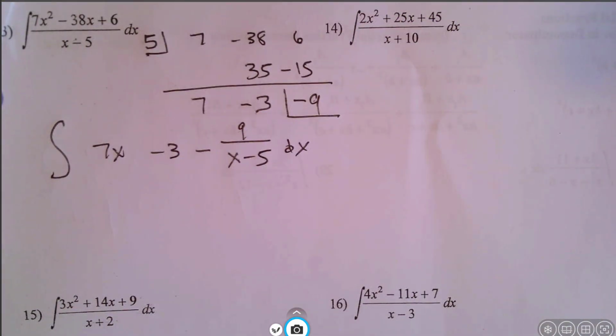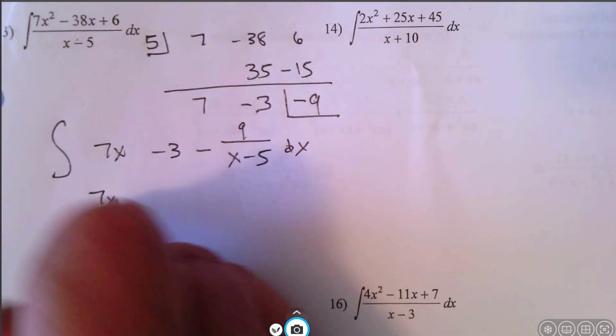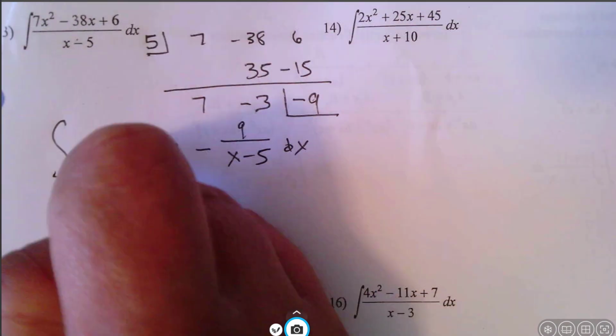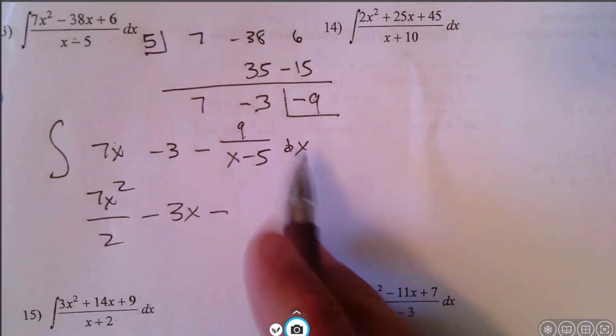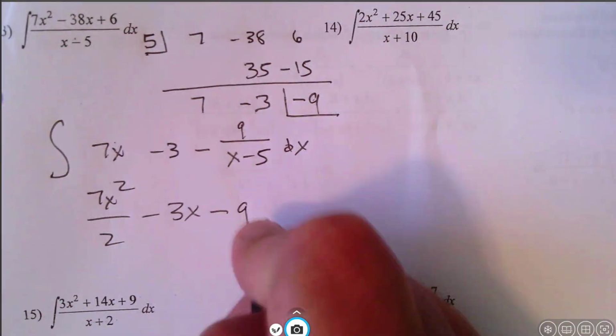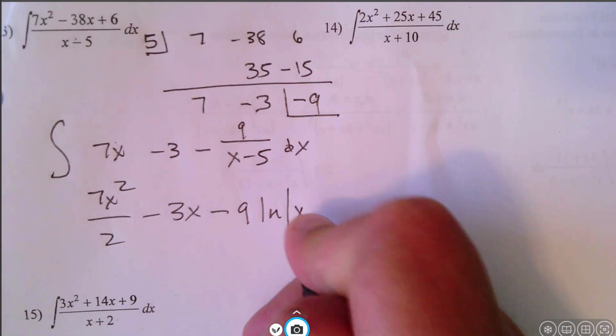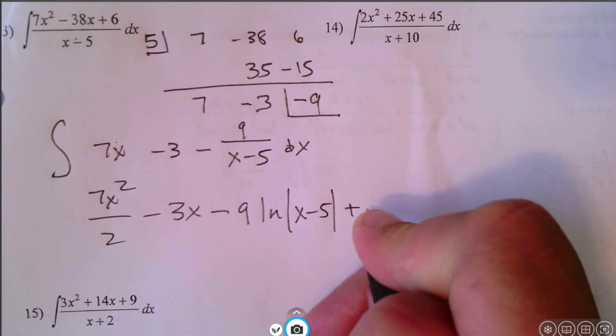Now that we have it rewritten, we can take the antiderivative. So this is going to be 7x squared divided by 2 minus 3x minus, this part is going to be 9 natural log of the bottom, x minus 5, plus c.